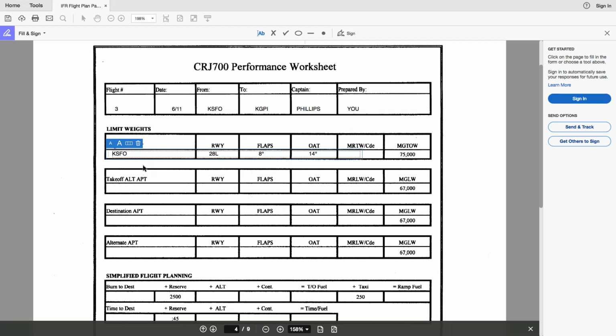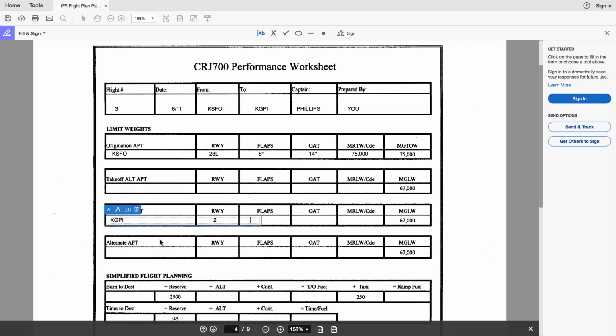And what do we put here? 75,000 pounds. We'll just use this MGTOW for that. We don't really care so much on this. Okay, GPI. We chose runway 2.